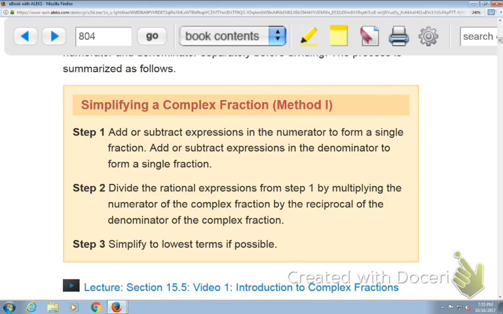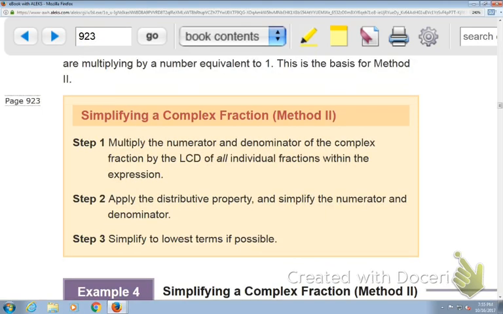All right, but we're more interested in a method that works all of the time. One-stop shopping is what we do, right? So, since they called one method method 1, guess what? Method 2. There's a method 2. Now, this method will work all of the time for a complex fraction, where method 1 works and where method 1 wouldn't work. The key to simplifying a complex fraction, then, is the LCD.